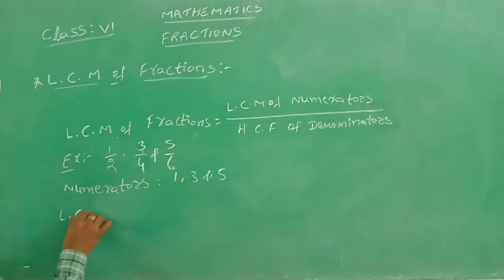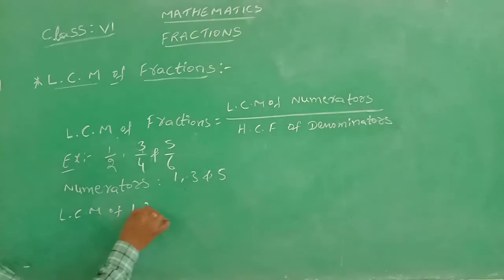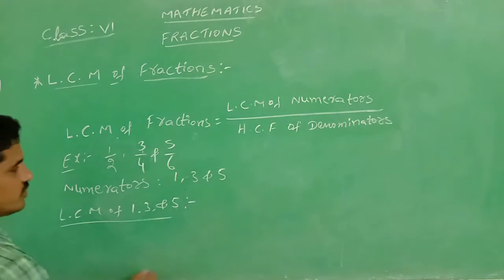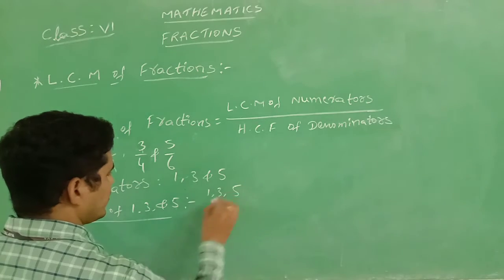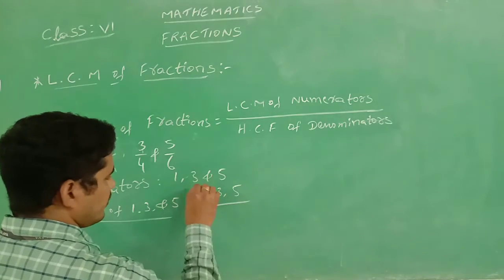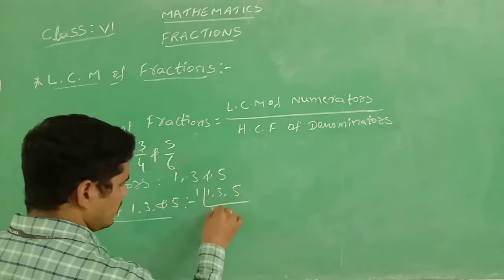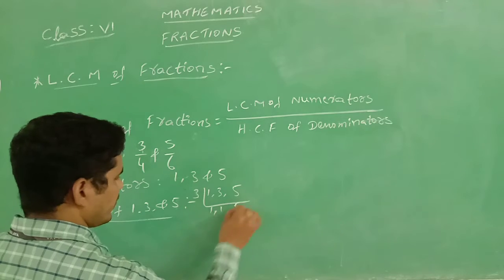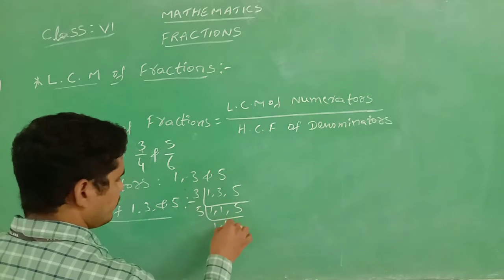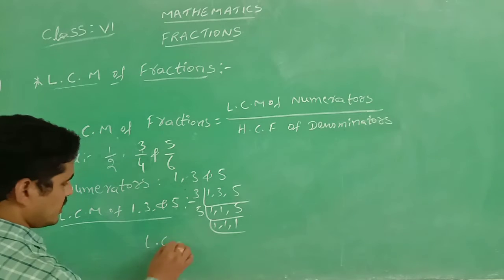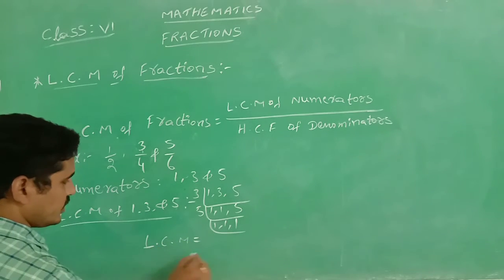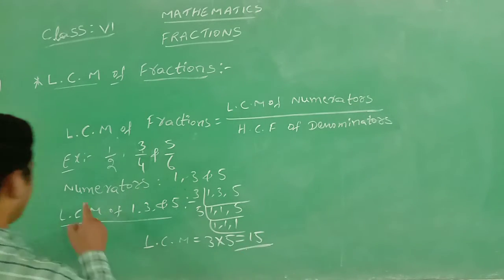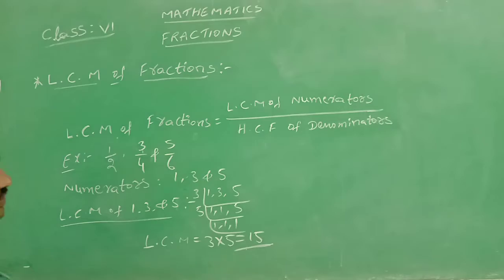So how do we find the LCM of 1, 3 and 5? We take 1, 3, 5. Dividing first with 3 gives 1, 1 and 5. Again with 5 gives 1, 1, 1. So the LCM is 3 into 5, which is 15. So the LCM of 1, 3 and 5 is 15.